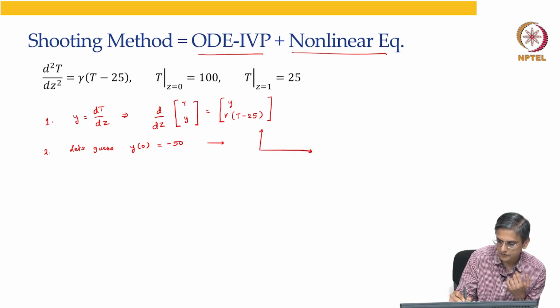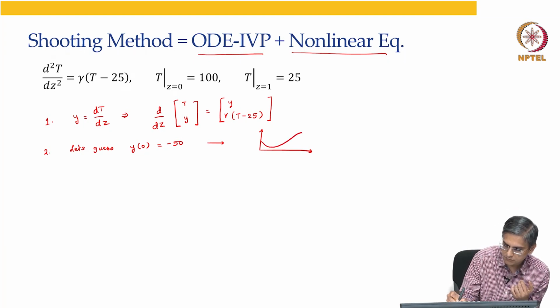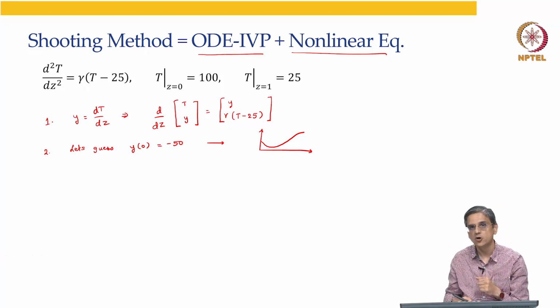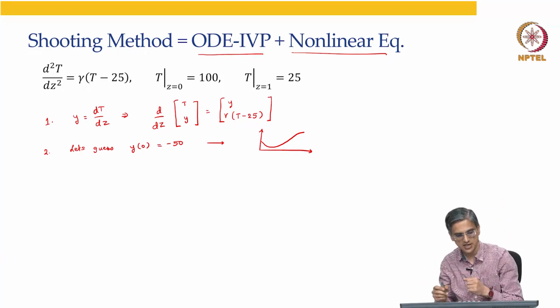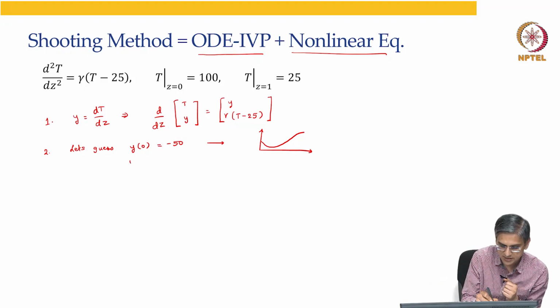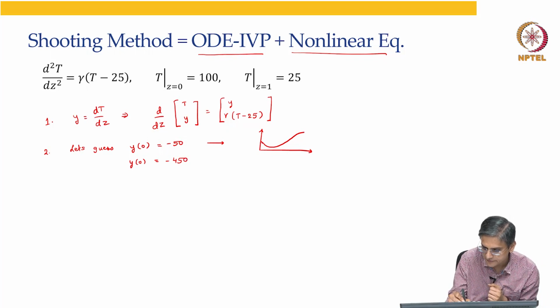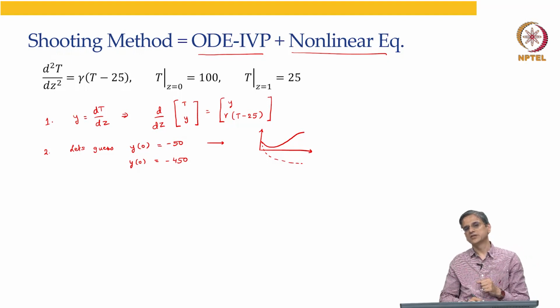Okay. So, when we did that, the temperature in the rod came like this, and it went significantly above 25, which is the temperature at the other end. Then we guessed y0 equal to minus 450, and when we guessed y0 equal to minus 450, we got a value something like this.